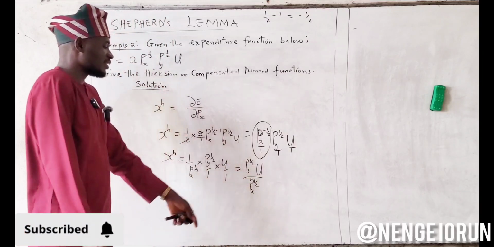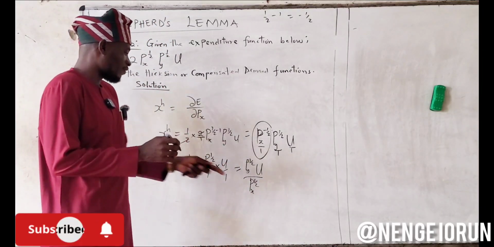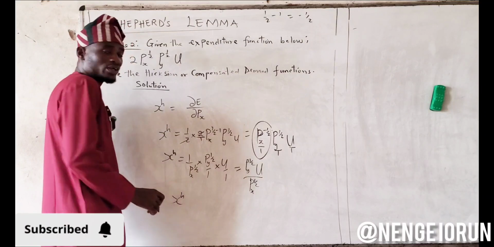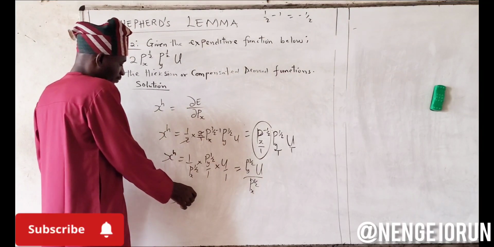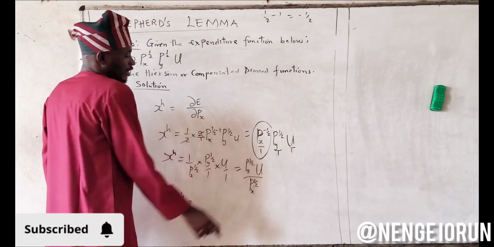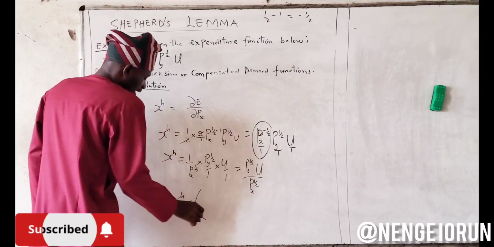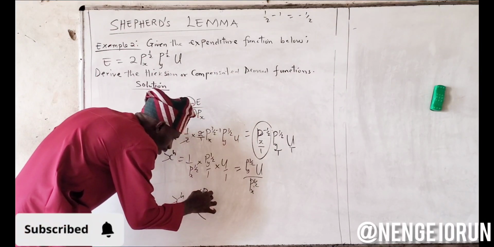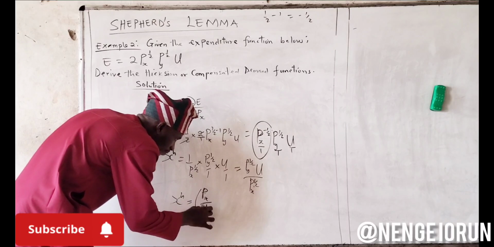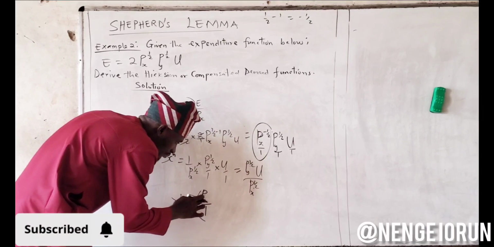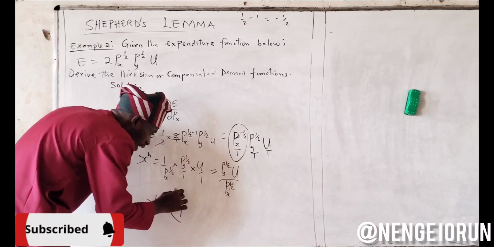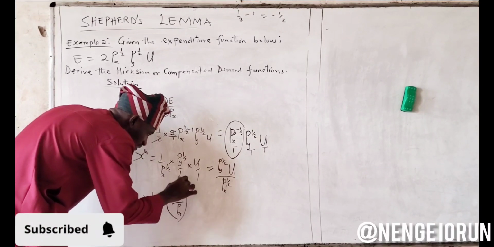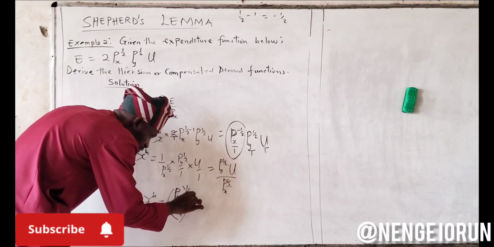So now this is the Hicksian demand function, or let's make it clear. The Hicksian demand function for commodity X is now equal to, half, half, they are common, so this can be written as Py over Px all raised to the power of half, then u.